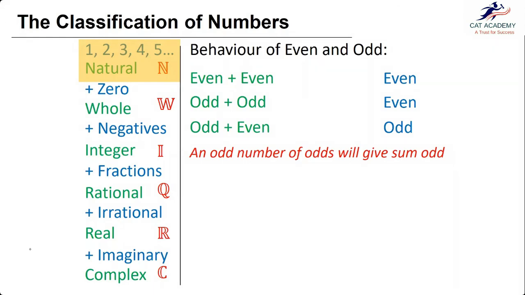So, second, odd number of odds will give you odd sum. For example, say 5 odds. That's odd, odd, odd, odd, odd. This becomes even. This becomes even. This stays odd.